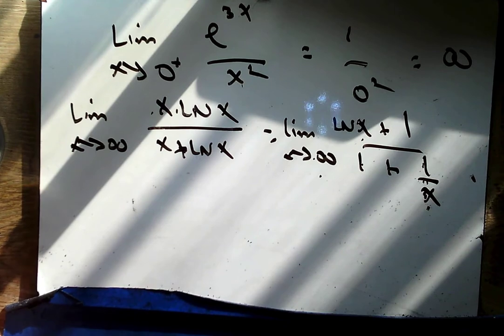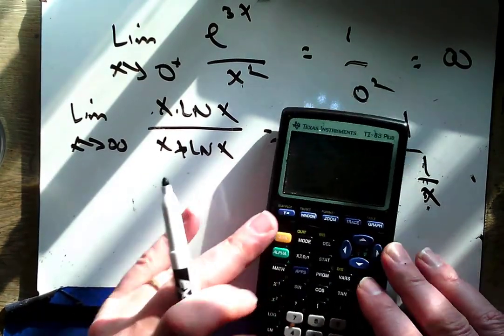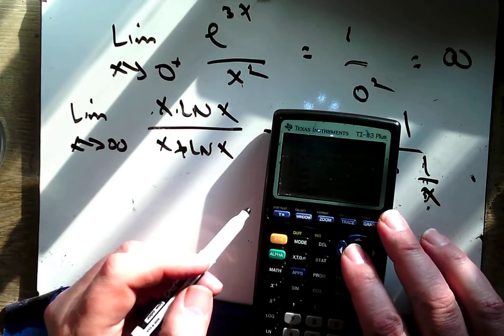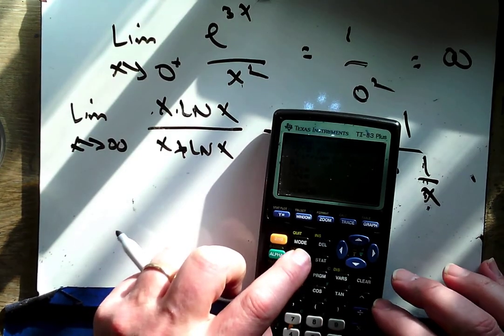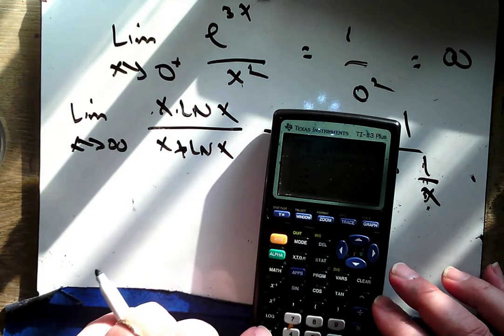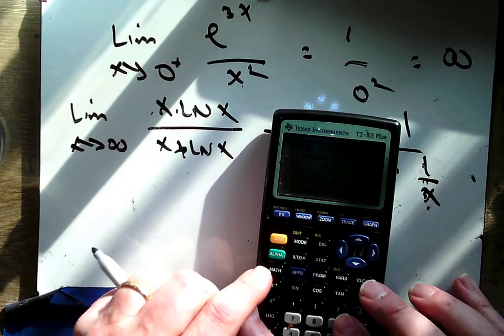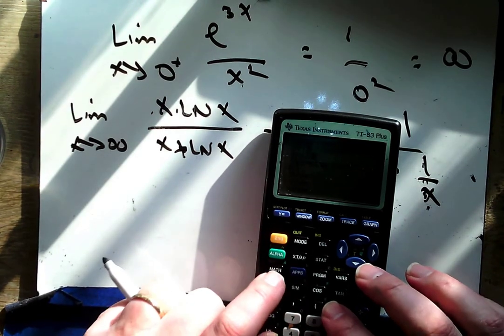But you know, I'm going to check, because I'm a little concerned about this. So what was our original function? That was this x ln of x divided by x plus ln of x.